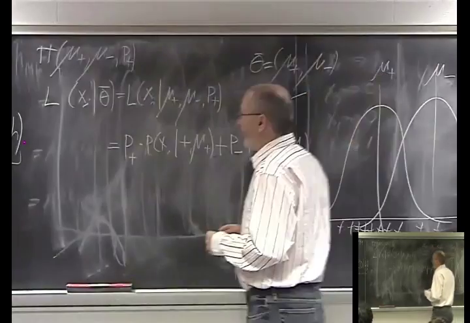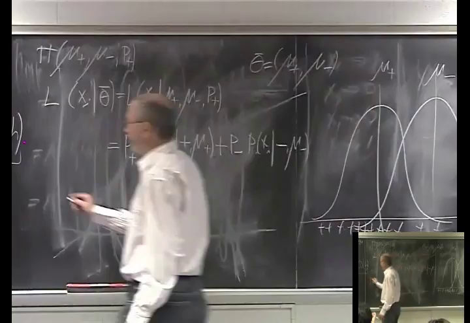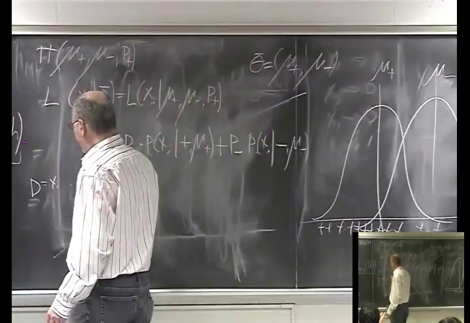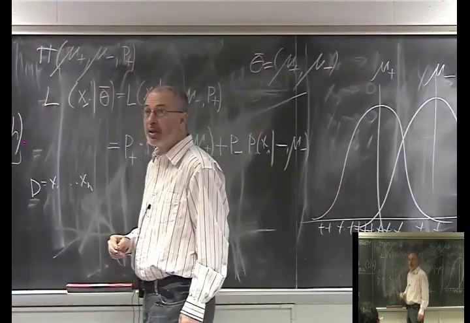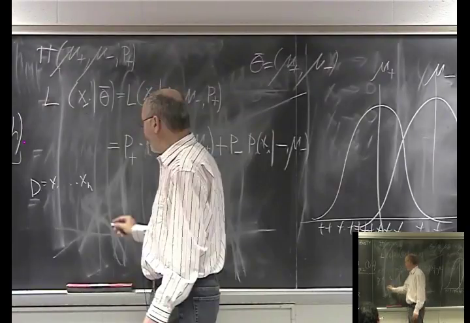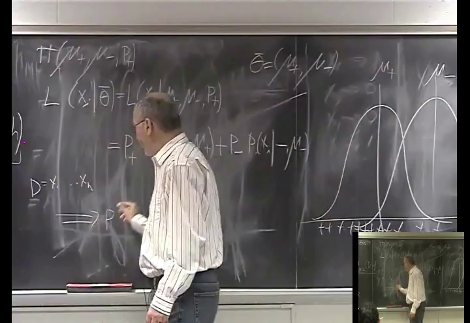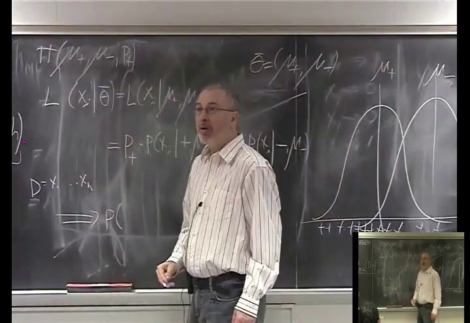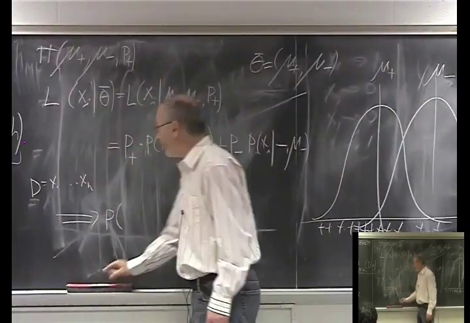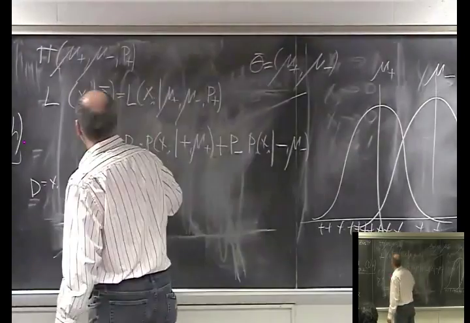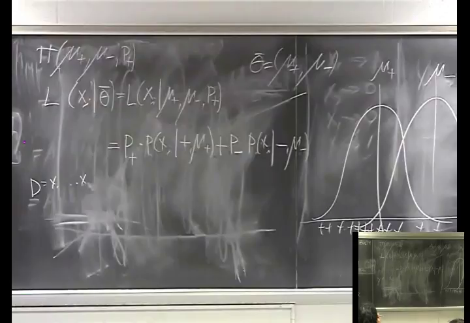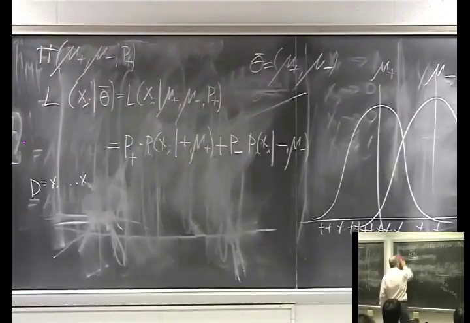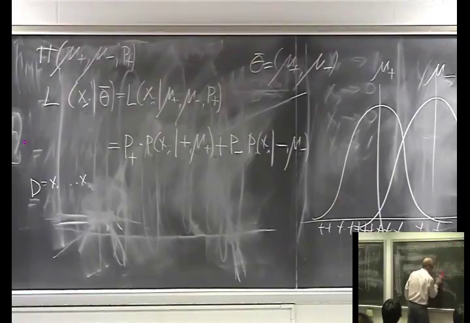Now I can, given a lot of data, x1 through xn, use Bayes' rule in principle to generate a posterior. The posterior would be a distribution over the three parameters of interest to me, conditioned on having seen the data.